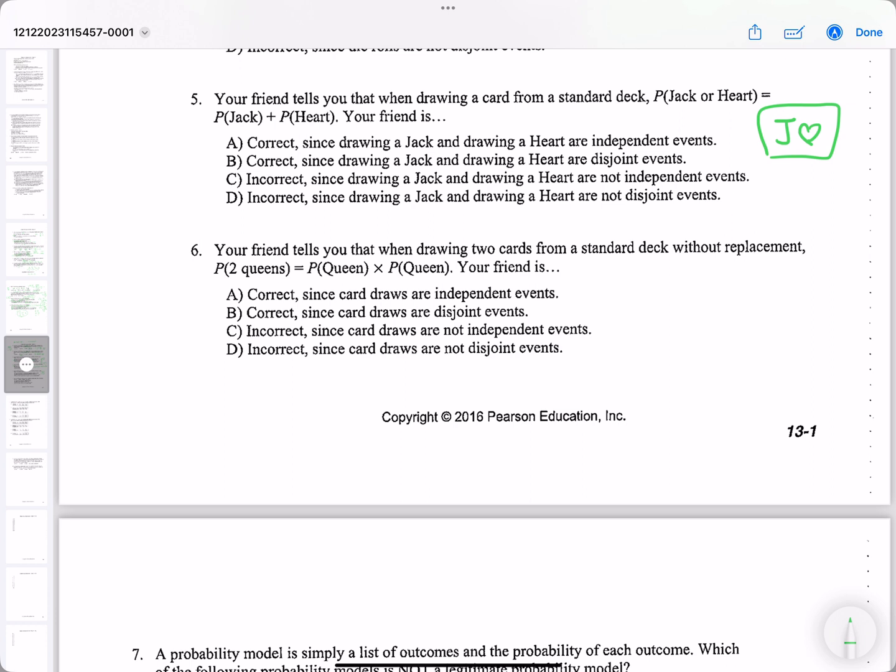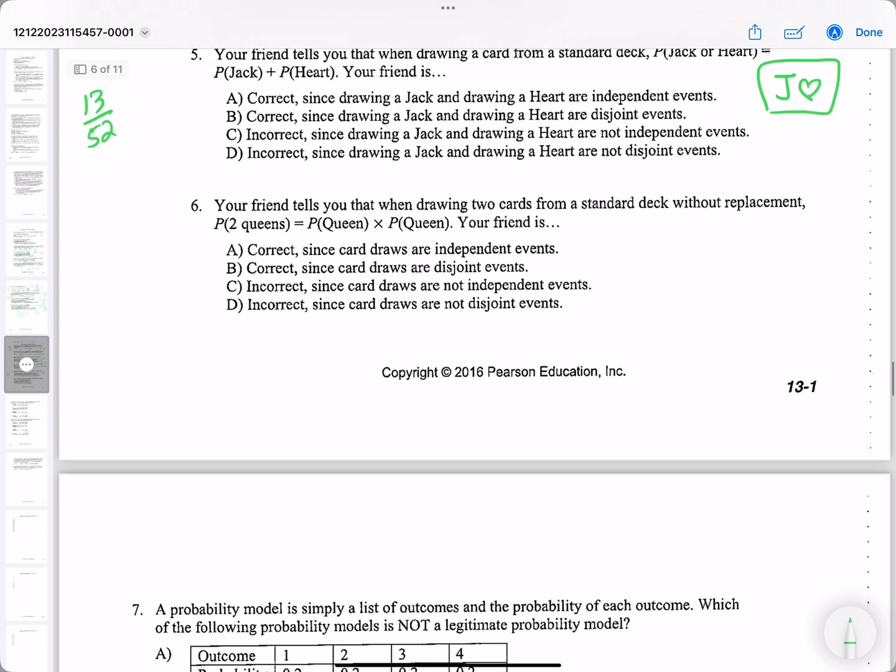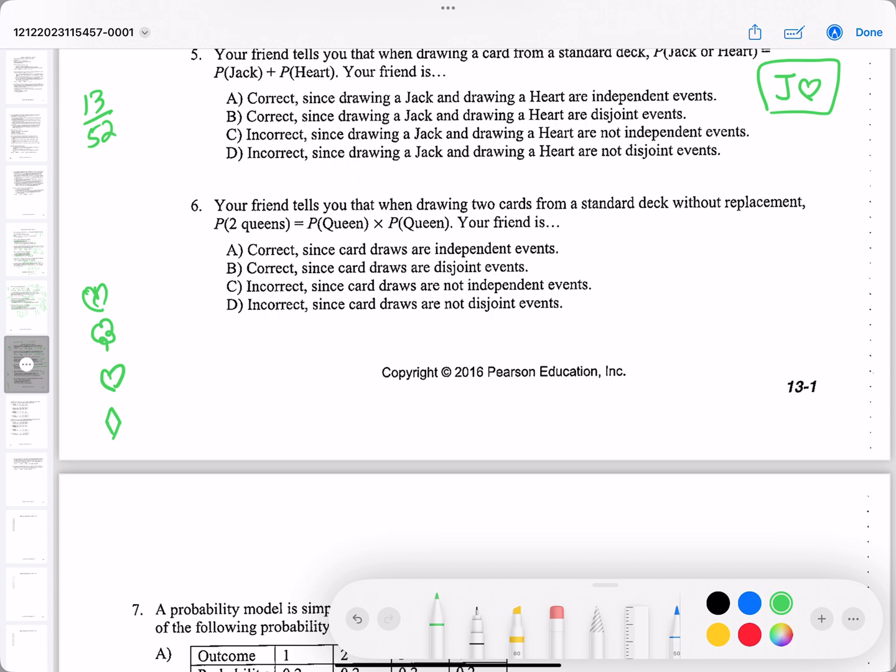Let me just backtrack real quick and let you know there's hearts, diamonds, clubs, and spades. The spades and clubs are black, and the hearts and diamonds are red. And there's 13 of each: 13, 13, 13, 13 for a total of 52.